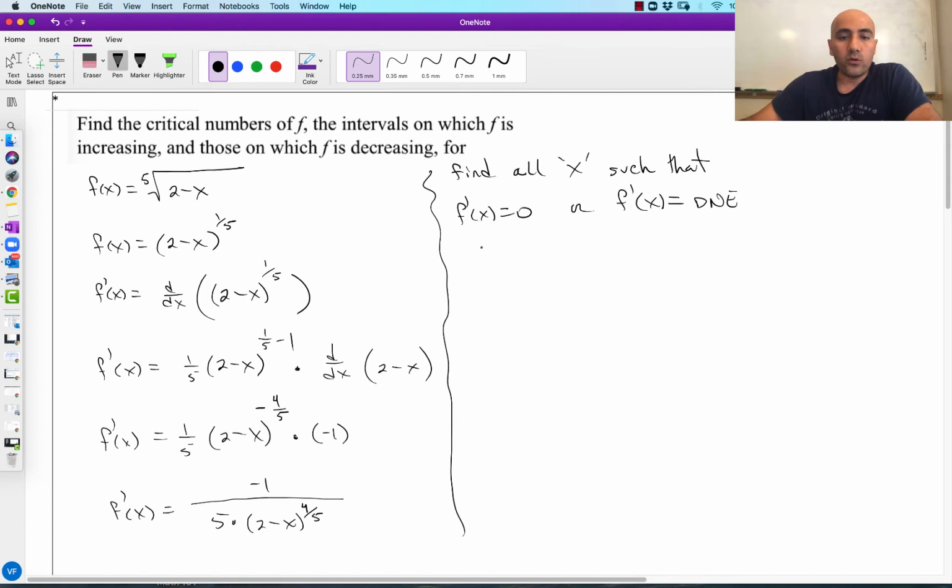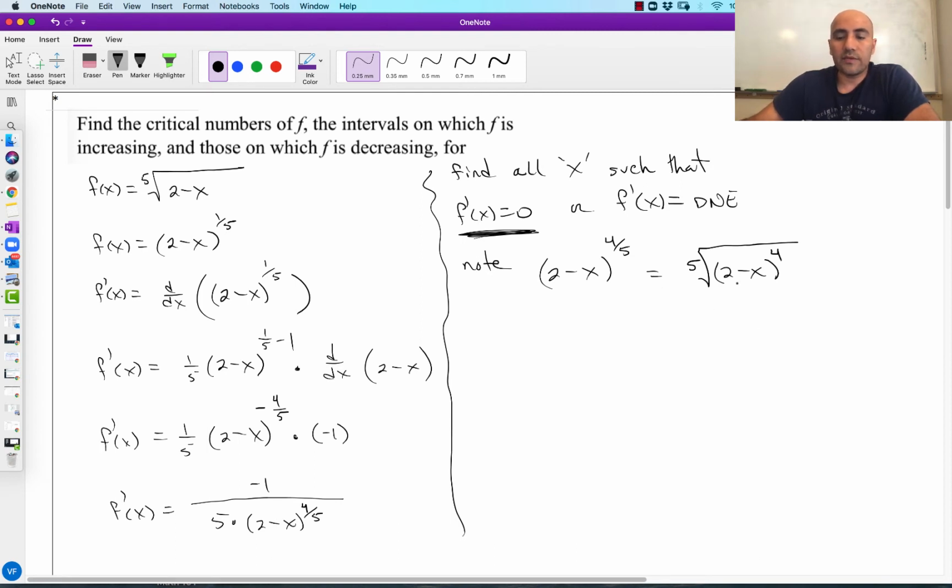Okay, so when will this derivative equal 0? Well, note that 2 minus x raised to the power of 4/5 is the same thing as 2 minus x raised to the power of 4, and then that whole thing inside the 5th root.